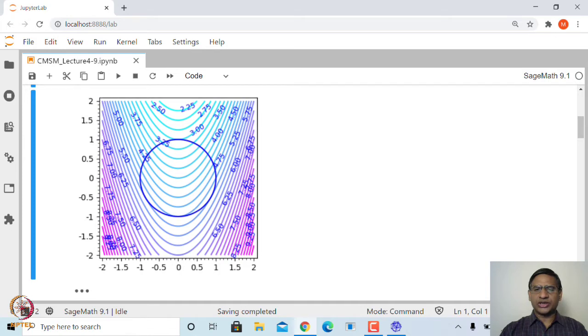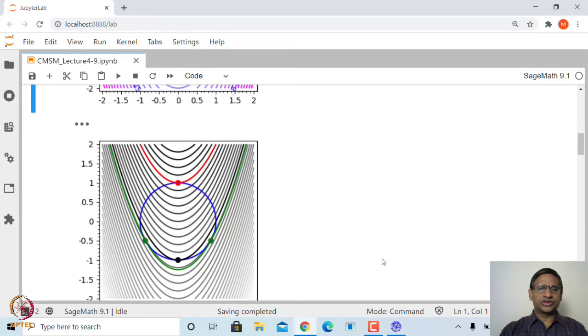So, this seems to be the 4 points at which the contour of f seems to be touching this unit circle, and at these points when it touches, these two will have a common tangent, right.